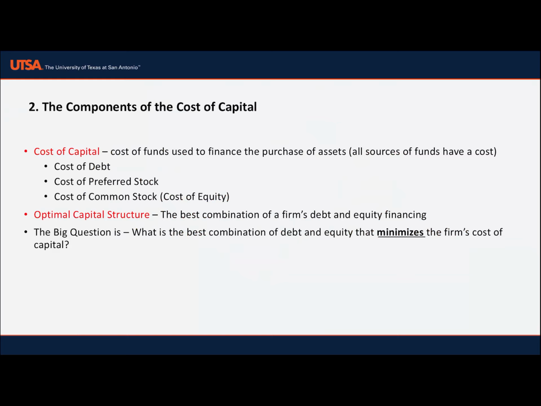That combination is referred to as the firm's optimal capital structure. This chapter 21 is concerned with the determination of the cost of capital and the firm's optimal capital structure, and chapter 22 uses the cost of capital to select among various competing uses for the firm's capital.